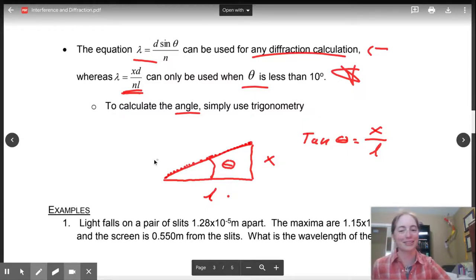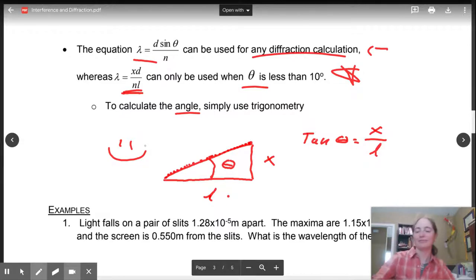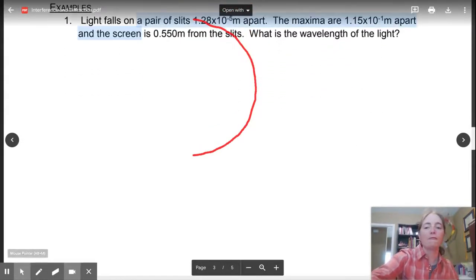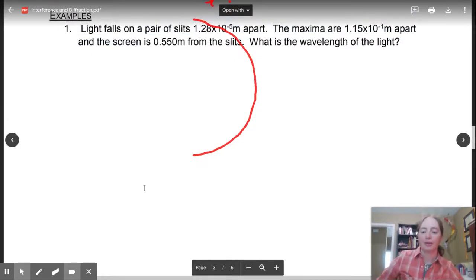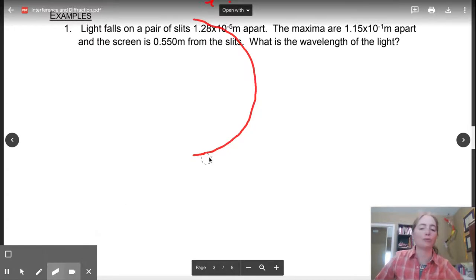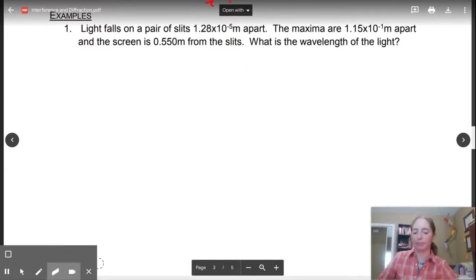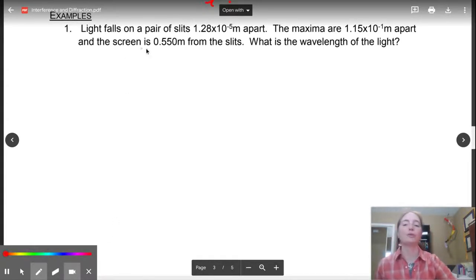All right, let's look at a few calculations. Light falls on a pair of slits this far apart. That is our value of d.